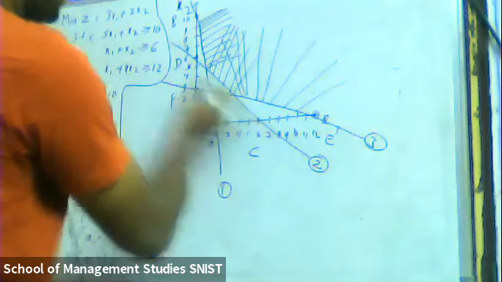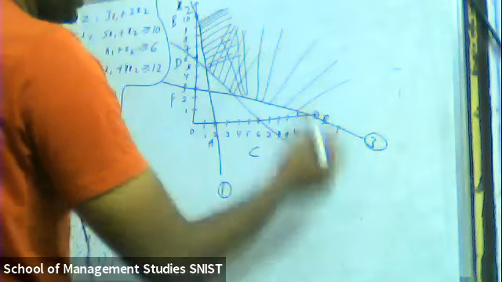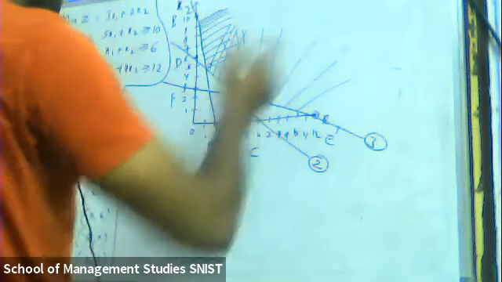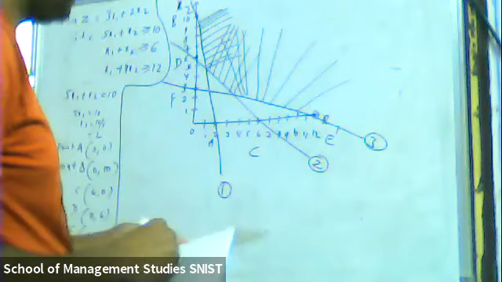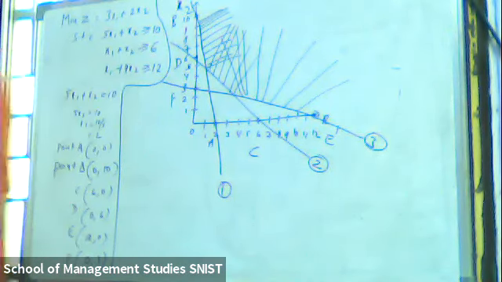The second line is also away from the origin, and the third one is also the same. Now can any one of you tell me the area which I need to find the points for?